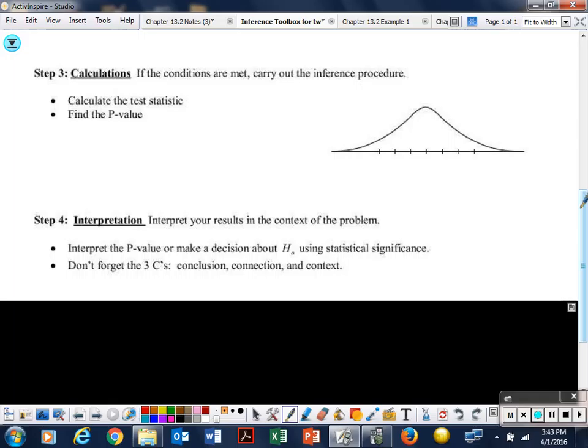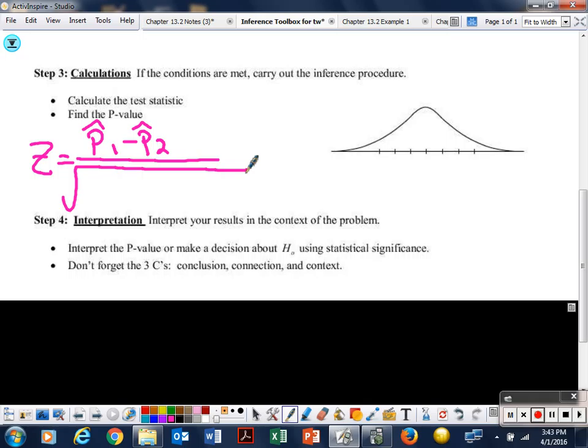Again, your calculations. If the conditions are met, carry out the inference procedure. So again, our z will be, okay, p hat 1 minus p hat 2 over the square root of p hat combined times its complement times 1 over the sample size of the first sample plus 1 over the sample size of the second one.